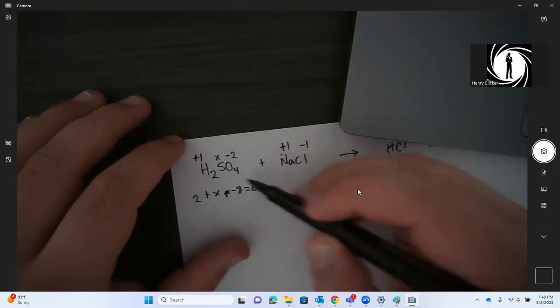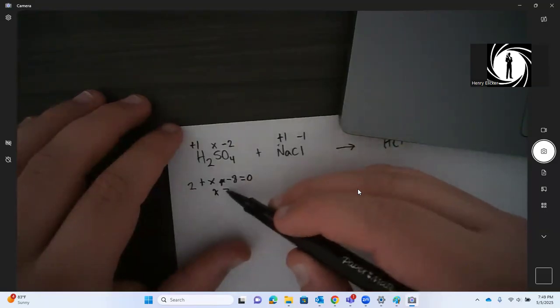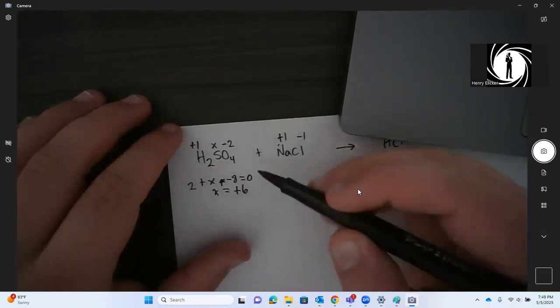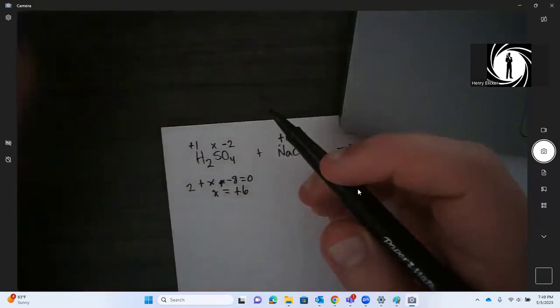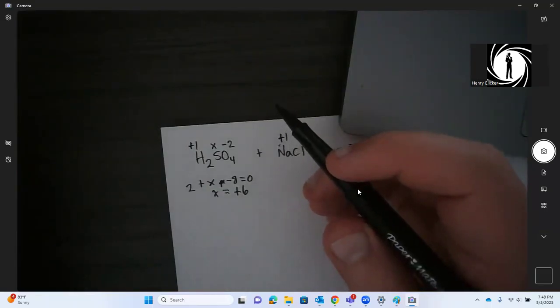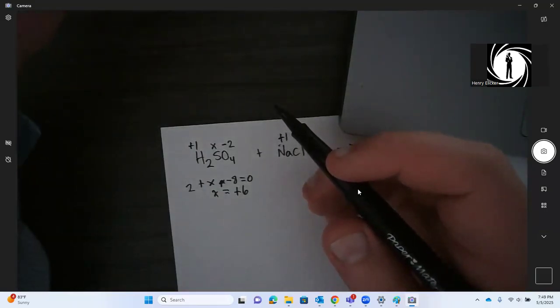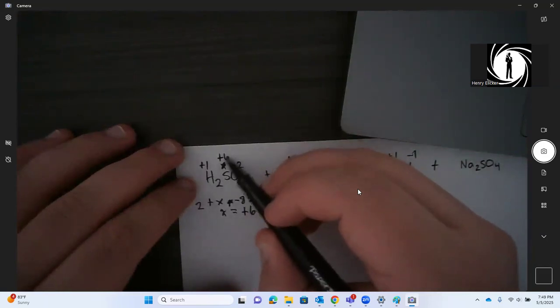And that all equals 0 because the charge on that is 0. It's neutral. You solve for x, you're going to get +6. Yes, you're going to get +6. Awesome. So sulfur is +6.